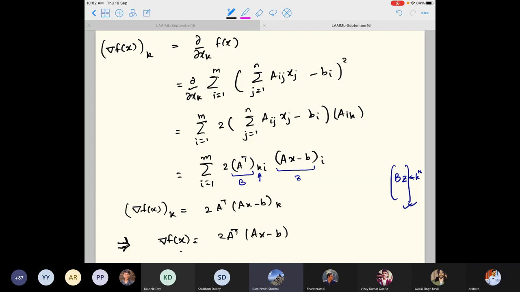If I take B equal to A transpose, then what I really mean is B_ki is A transpose_ki. If you have a problem with the notation, maybe my notation is wrong, but this is what I mean: the kth row of A transpose is getting multiplied to Ax minus b.